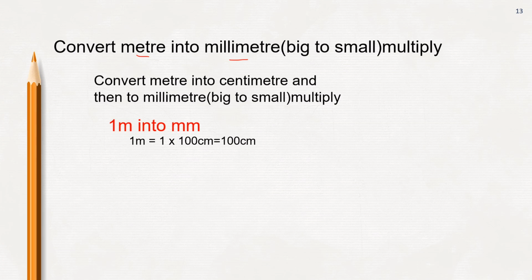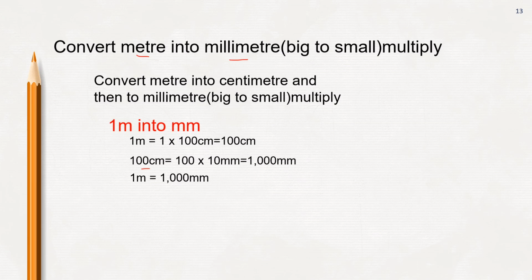So now we have 100 centimeter which has to be converted into millimeter, right? 1 centimeter equals 10 millimeter, right? So 100 into 10 we'll have to do, correct? 100 centimeter into 10 millimeter is equal to 1000 millimeter, which means 1 meter is equal to 1000 millimeter.